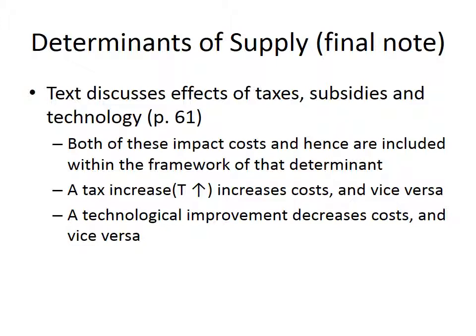What it took those guys 2, 3 days to dig out, with a backhoe I can dig out in a couple of hours. I can do 2, 3 foundations in a day, if I'm working hard at it. That reduces my cost of production. That's technology. So these all manipulate cost of production, and we just lump them in with the general cost of production effect on the supply curve.